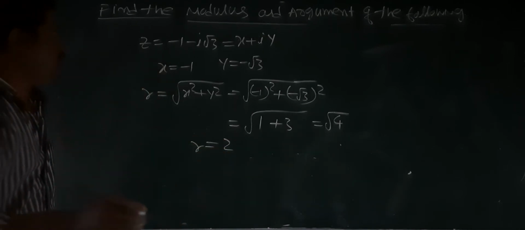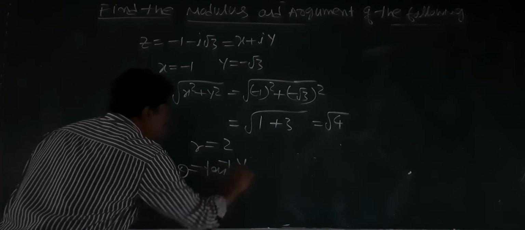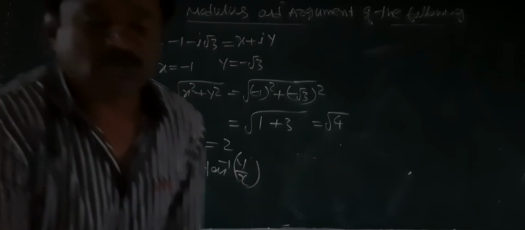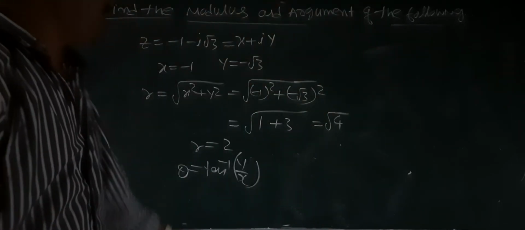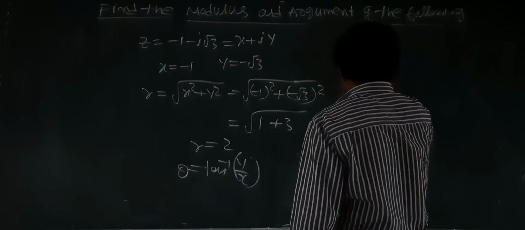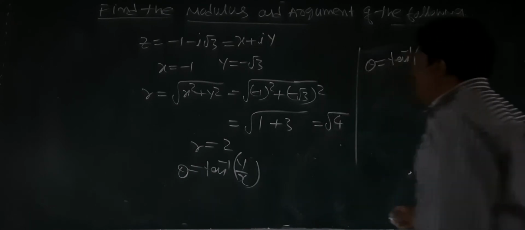Now let's find out the argument. Theta equals tan inverse y by x. Theta is also called amplitude or argument. So theta equals tan inverse, tell me the y value.